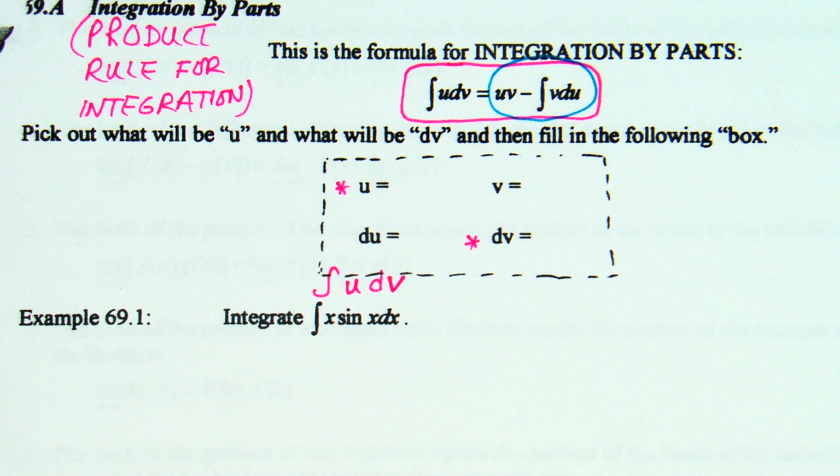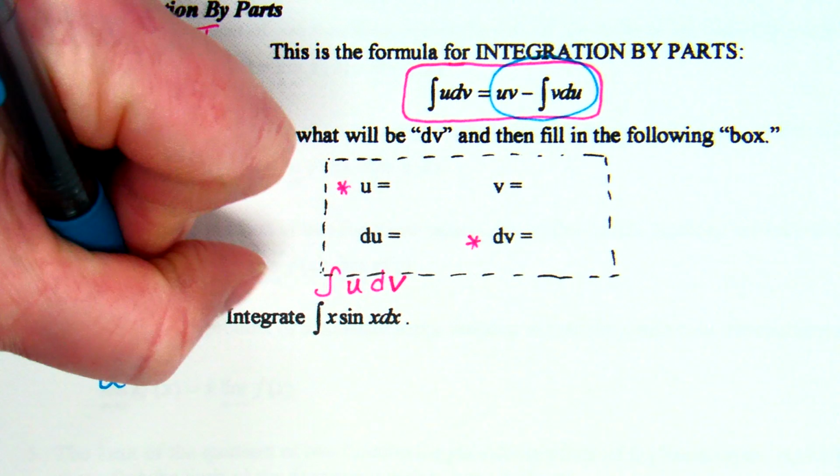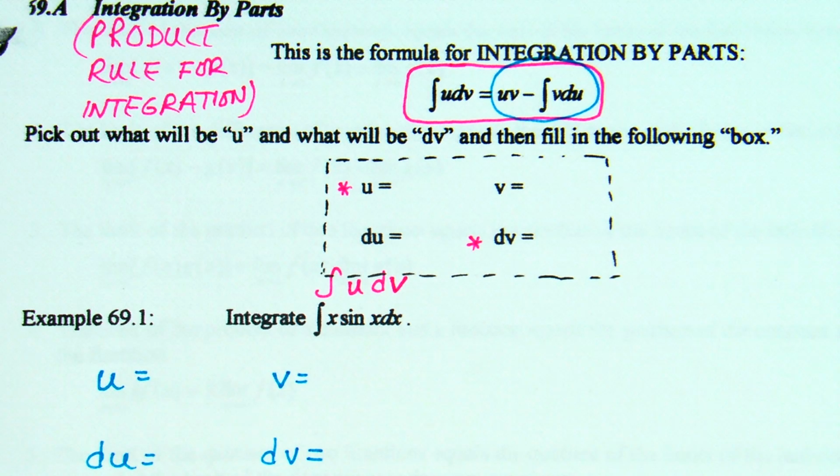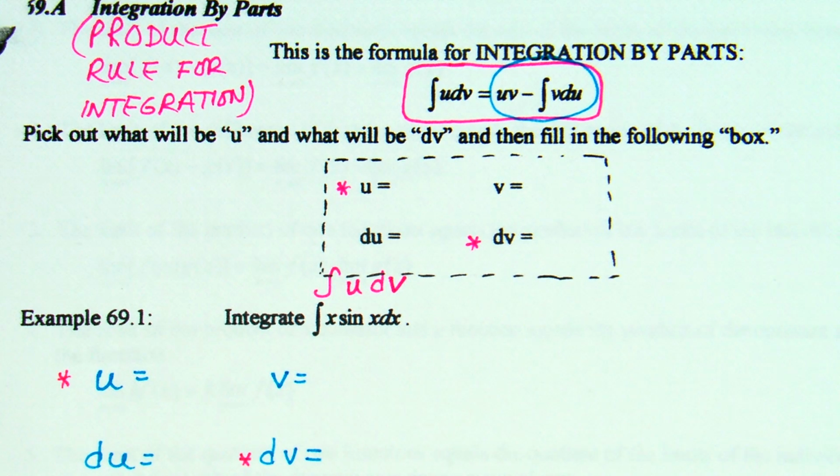Okay? So I'm going to set up the box in that here's u, here's du, here's v, here's dv. And as I said earlier, the two we're going to pick out are u and dv.